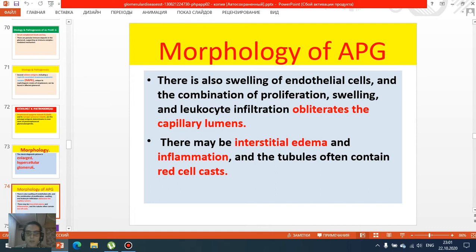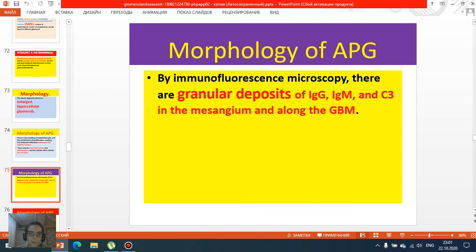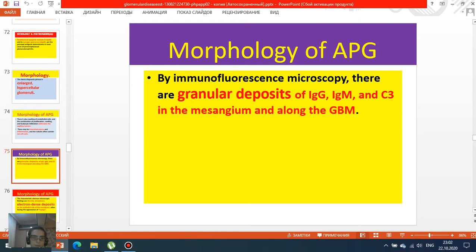There may be interstitial edema and inflammation, and the tubules often contain red cell casts. By immunofluorescence microscopy, there are granular deposits of immunoglobulin G, immunoglobulin M, and complement C3 in the mesangium and along the basement membrane.